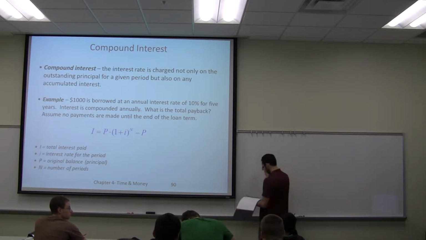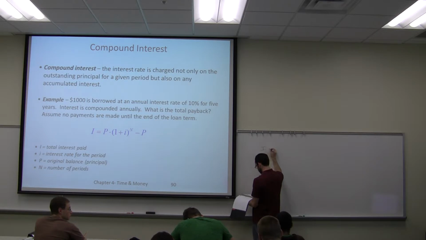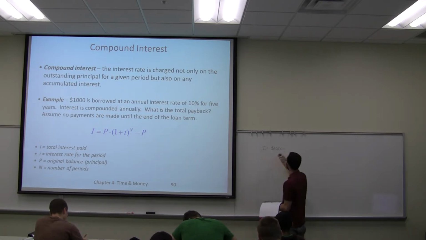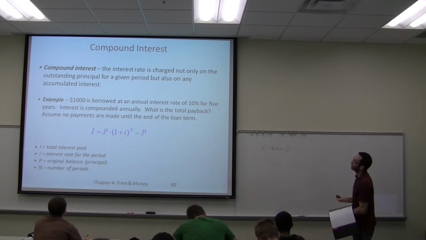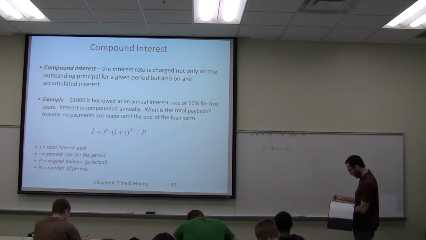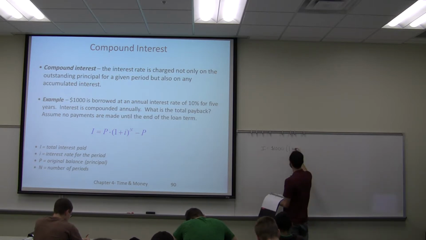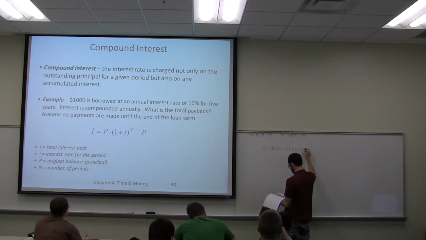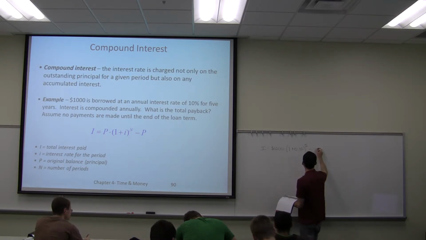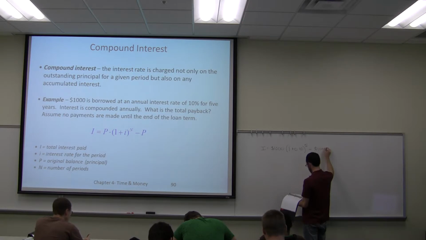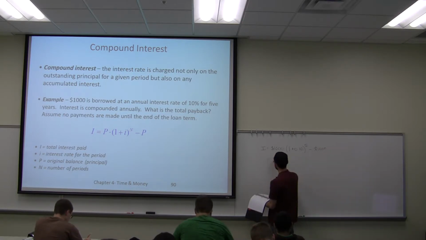The interest that we're going to have to pay is $1,000, which is the principal, P, times 1 plus I, where I is the interest rate per period, 10%, to the n, 5th power, minus the 1,000. And so we'll calculate the interest amount here is $610.51.